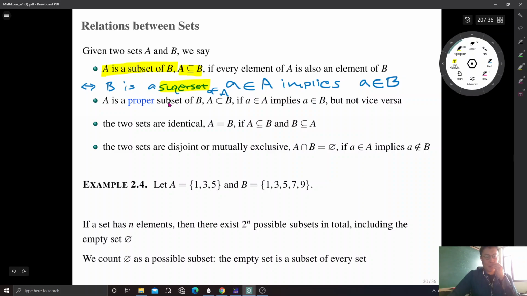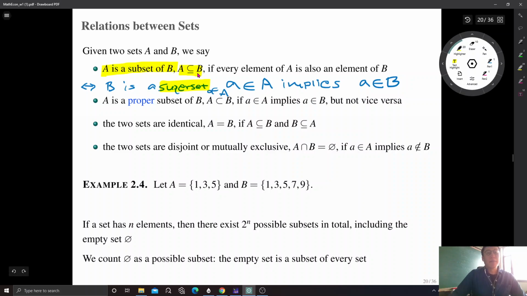Then the second bullet point: A is a proper subset of B. If we simply say A is a subset of B, then in the notation symbol we have another bar here. That leaves the possibility that the two sets are exactly identical.